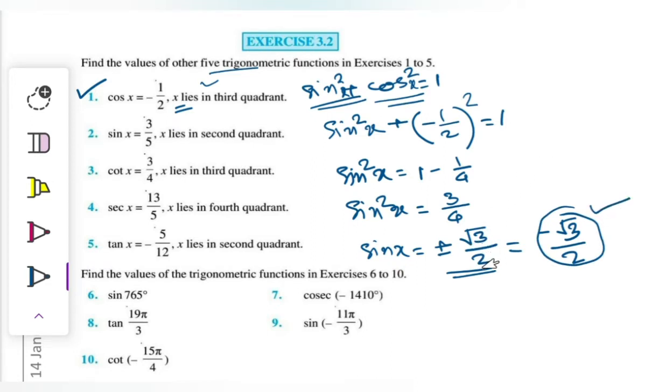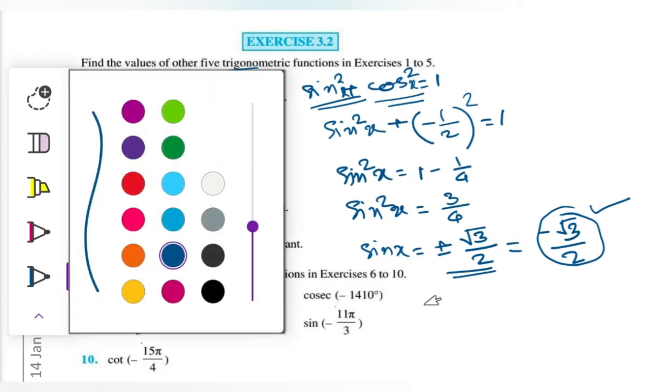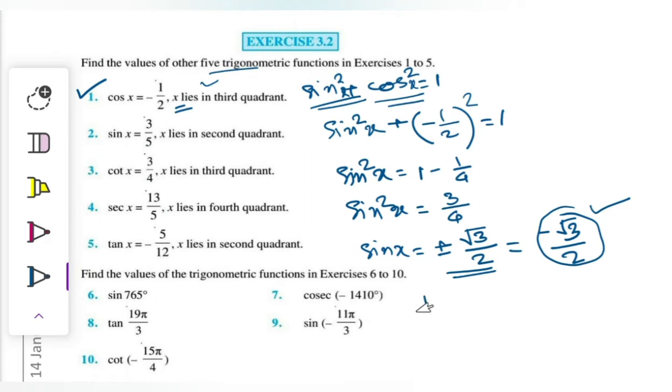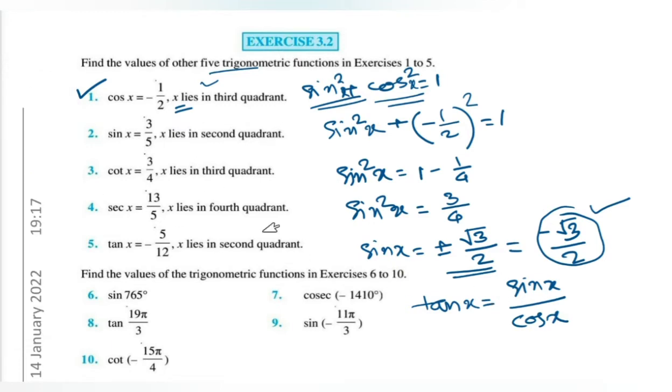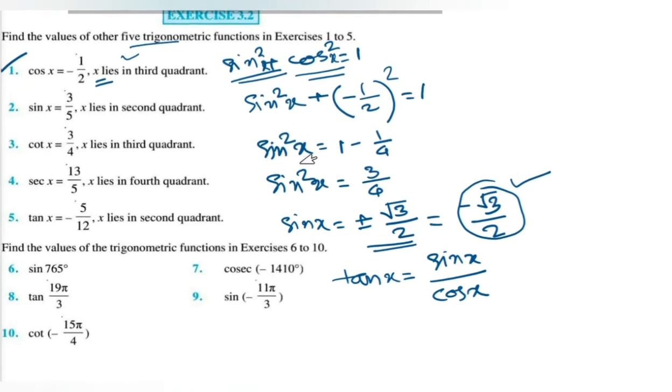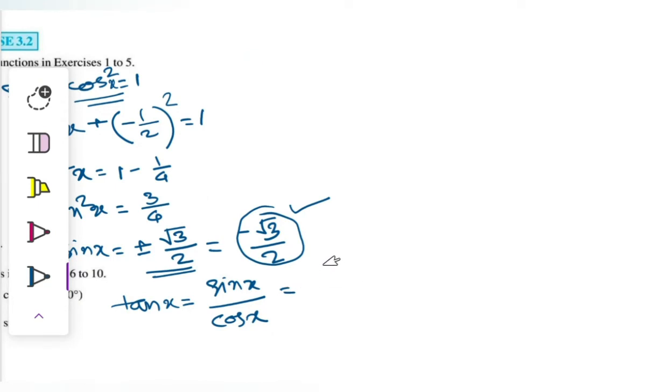We know that tan x equals sin x by cos x, which is minus root 3 by 2 divided by minus 1 by 2.